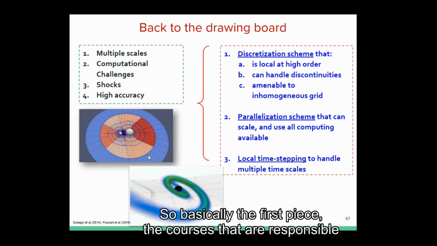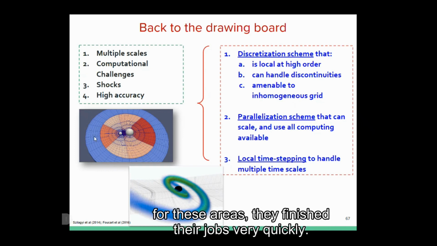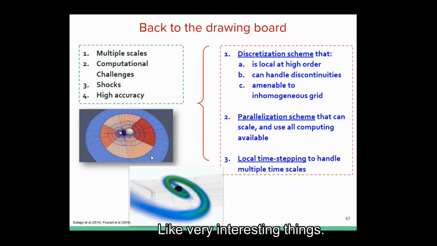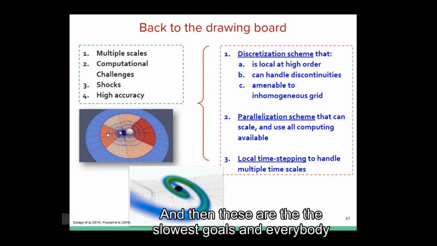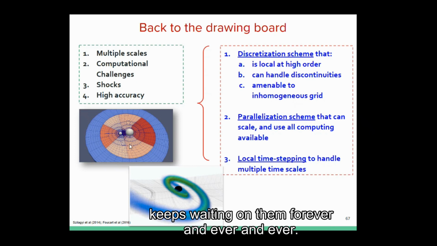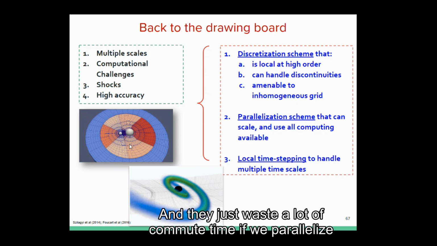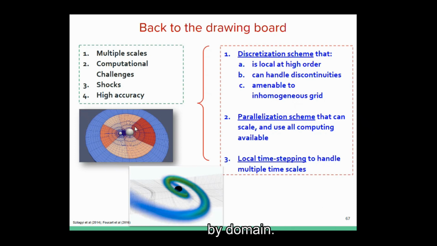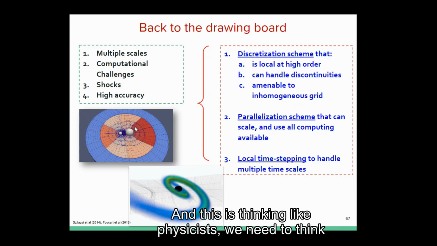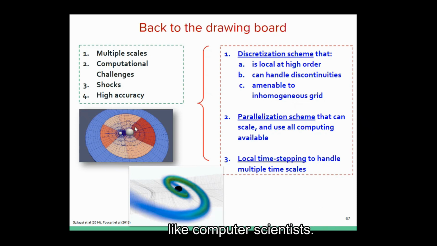So basically, the cores responsible for these areas finish their jobs very quickly, like very eager students. And then these are the slowest cores, and everybody keeps waiting on them forever and ever, and they just waste a lot of compute time if we parallelize by domain. And this is thinking like physicists. We need to think like computer scientists.